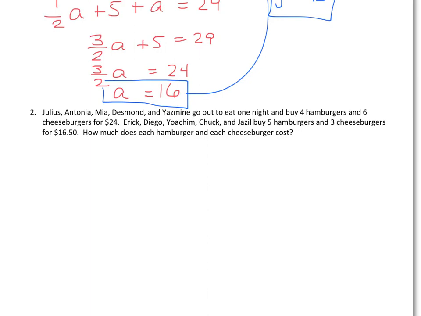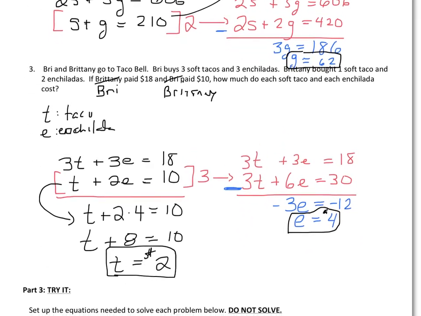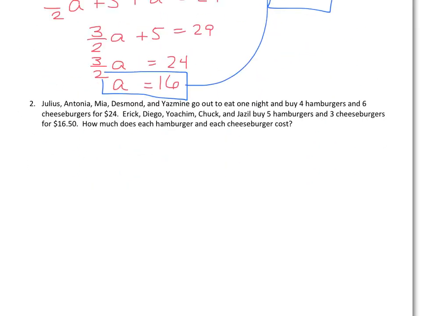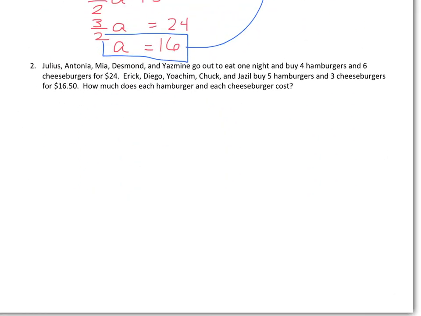Alright, and the last one. Julius, Antonia, Mia, Desmond, and Jasmine go out to eat one night and buy 4 hamburgers and 6 cheeseburgers for $24. Eric, Diego, Joaquin, Chuck, and Giselle buy 5 hamburgers and 3 cheeseburgers for $16.50. How much does each hamburger and each cheeseburger cost? This is just like the Bree and Brittany problem up here, where you're going to write the cost of the first group's equation and the cost of the second group.